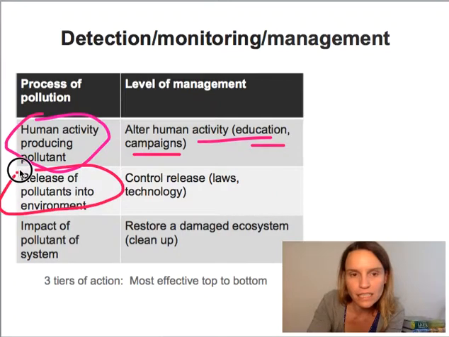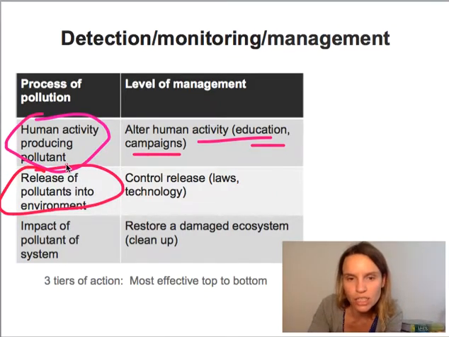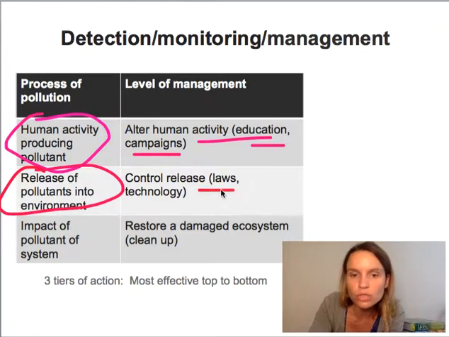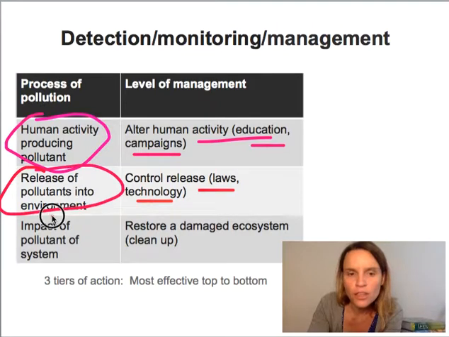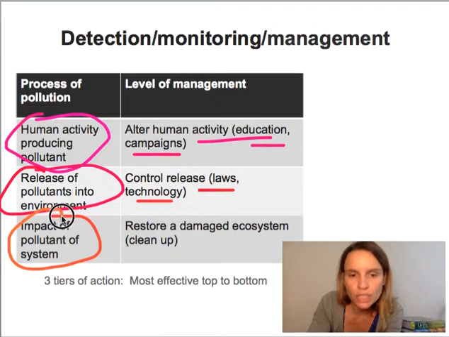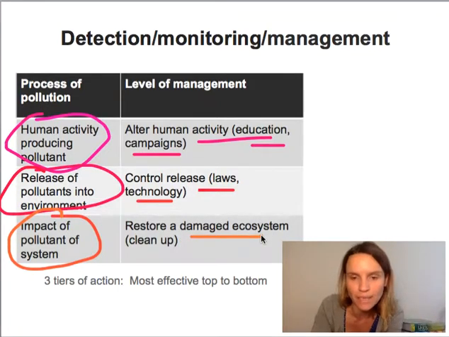The second is trying to take into consideration the release of pollutants into the environment. And the way that you do that is you control the release through laws and technology. The third is that you try to deal with the impact the pollutant has on the system. And at this point, the damage has already been done, and you are just trying to clean up a damaged ecosystem.